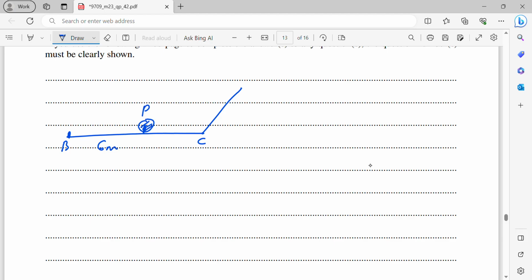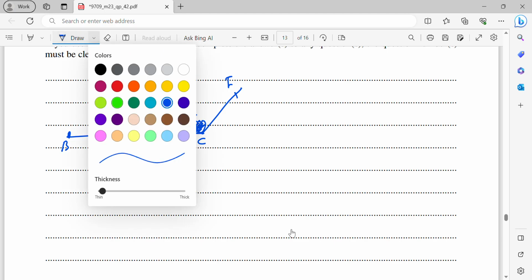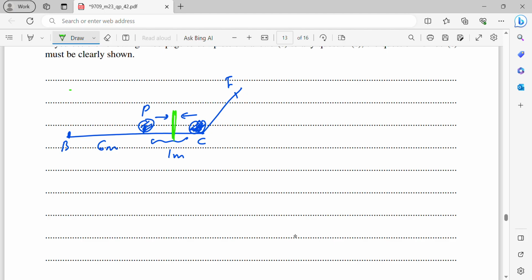And when the combined particle goes down to C, this is your F, which means there is still 1 meter here. Now I need to find out when these two collide, how much distance they will have traveled.